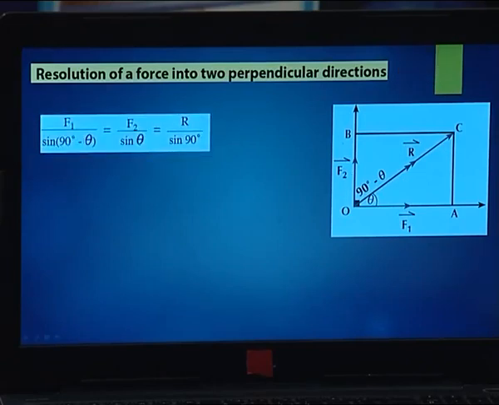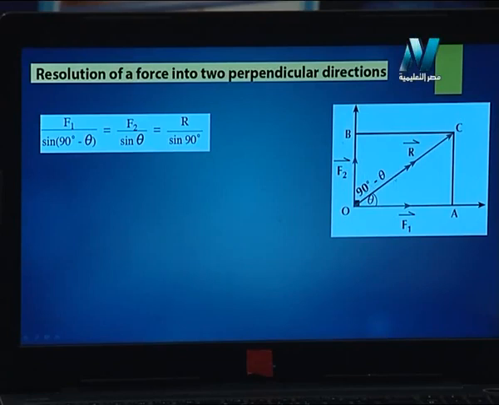Okay, we will apply the first rule. F1 over sine (90 minus theta) equals F2 over sine theta equals R over sine 90. Notice, my dear students, that F1 is divided by the sine of the far angle, F2 over sine theta, and R over sine of the sum.